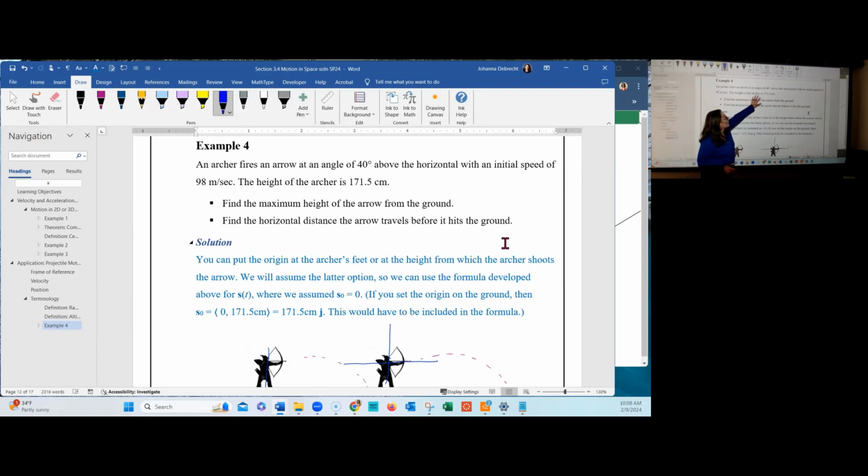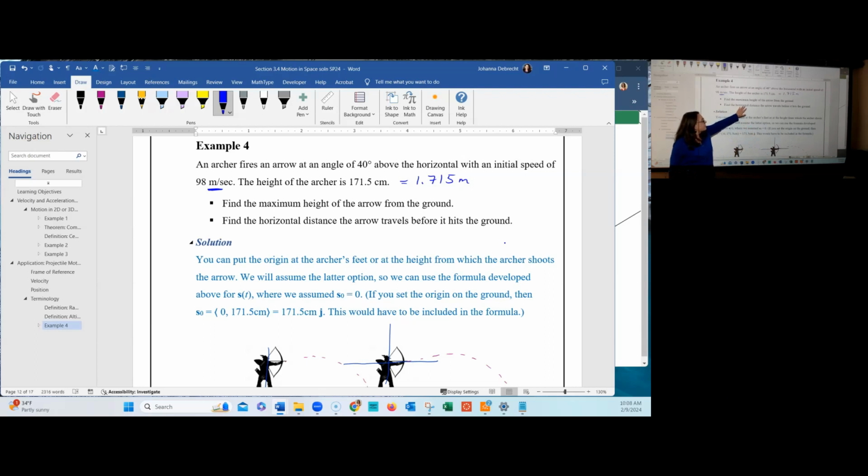The height of the archer is 171.5 centimeters, which, if this is in meters, needs to be written in meters as well. So we're going to have to write that as 1.715 meters. We want to find the maximum height of the arrow from the ground, which is not going to be the altitude. It'll be the altitude plus the height at which the archer shot the arrow.